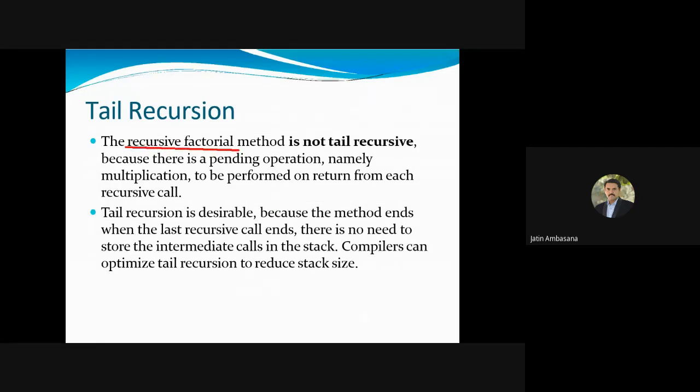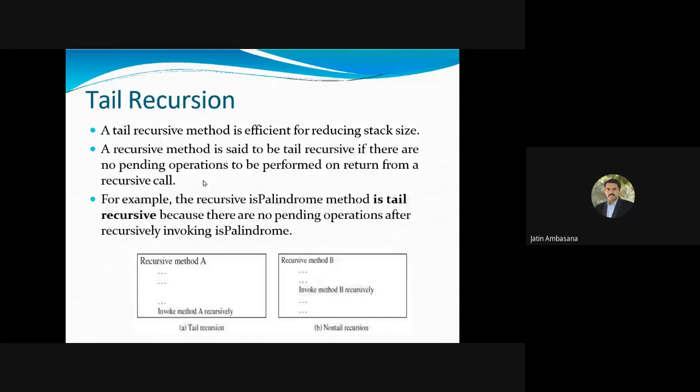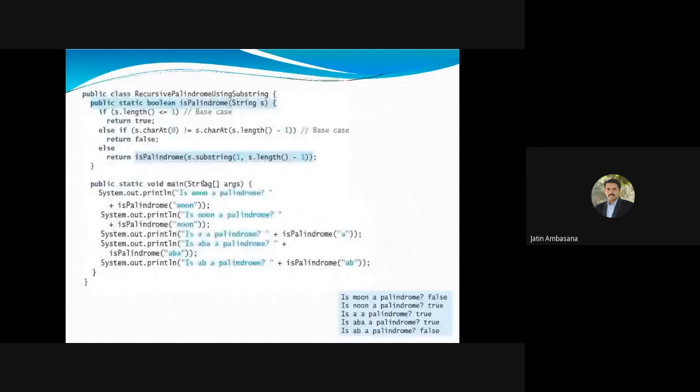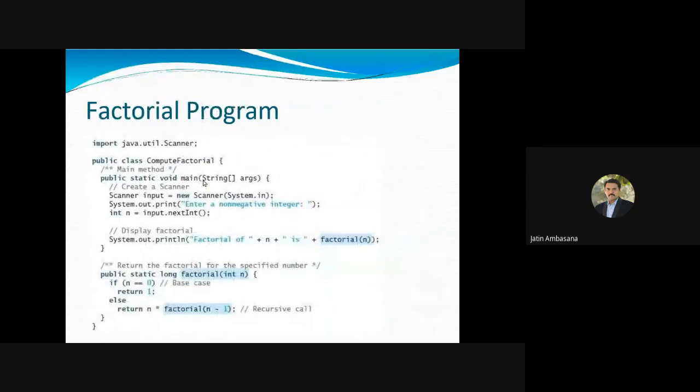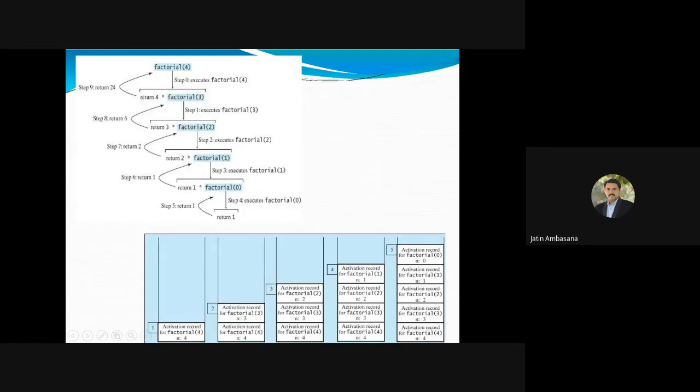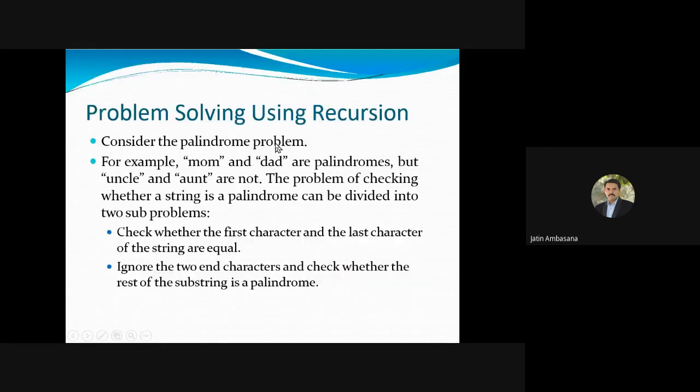Recursive factorial is not tail recursive. Check that out. If you see the recursive factorial, that is not a tail recursion. Okay, because what happens is when it returns something, it calls some other thing. This calls another, this calls another. In that way, it goes ahead, right?